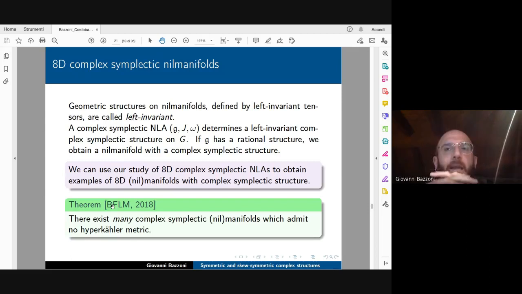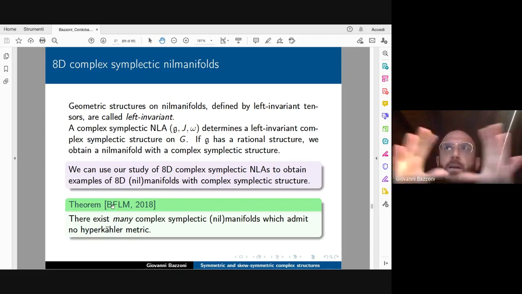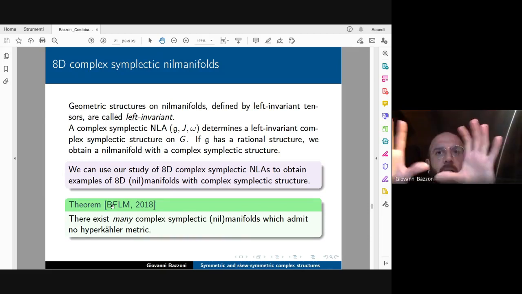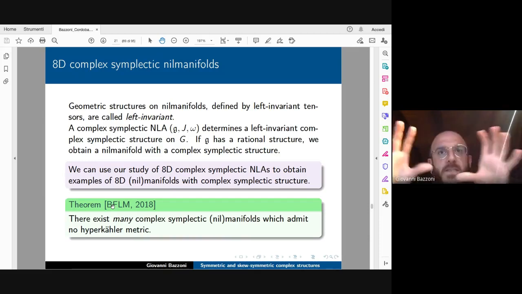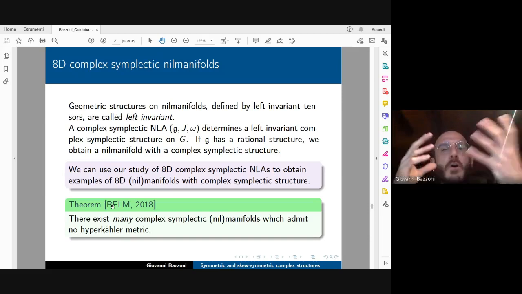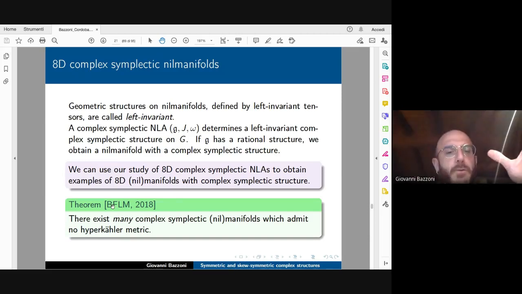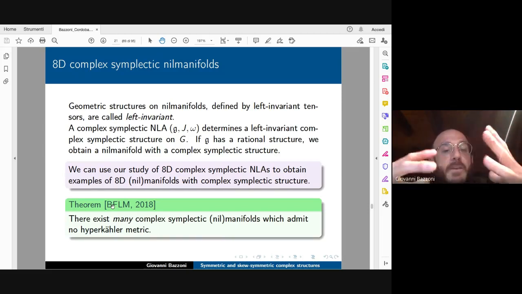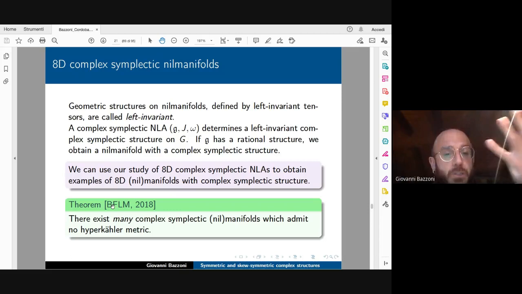One can study if these structures can coexist on a manifold, and we can use our construction also to construct, for example, manifolds which are hypercomplex but not complex symplectic, or complex symplectic but not hypercomplex. So you can use these examples, pretty much at the level of Lie algebras, to answer many questions on the existence of structures on manifolds, as one usually does with nil manifolds.